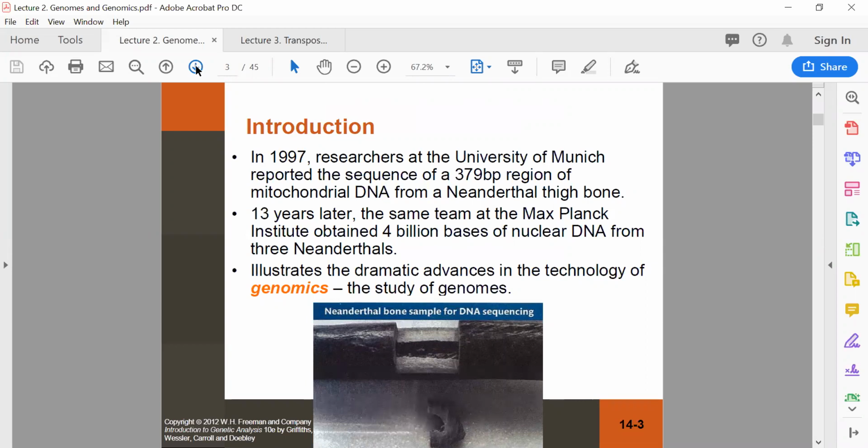So look at the advance in the technology of genomics from only 379 bases to 4 billion bases. It's quite astounding, these dramatic advances in this technology over the last few decades.